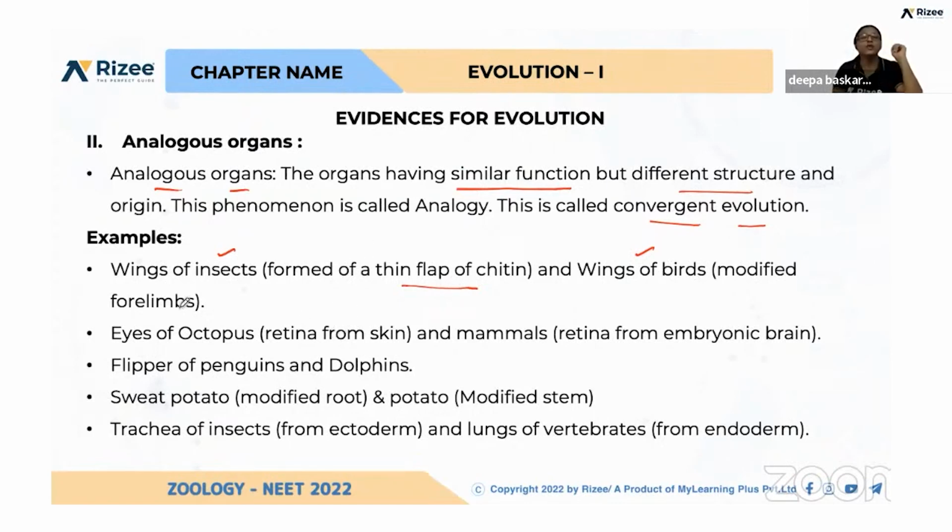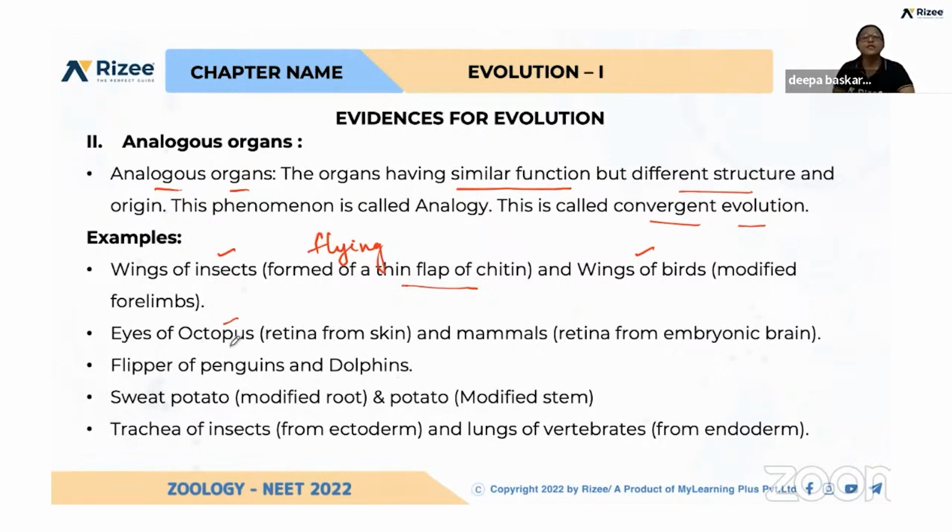There are no bones in insect wings, whereas bones are there in bird wings, but they do the same function, which is flying. This is called analogy. And one more, eyes of octopus. All these examples have been given in NCERT. Please remember, they may try to confuse you by mixing analogous and homologous organs.